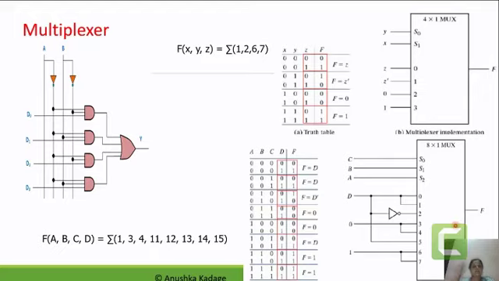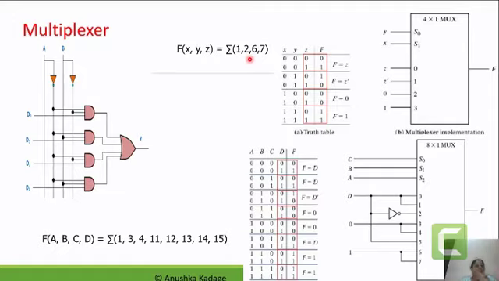Now let's take another example in which, with the usage of a multiplexer, we now have to implement the given min terms in these two equations. First we will go for this min term representation, which is to be implemented with the help of the multiplexer.